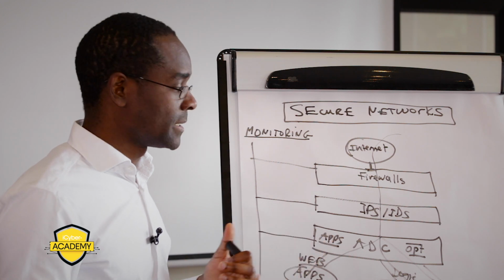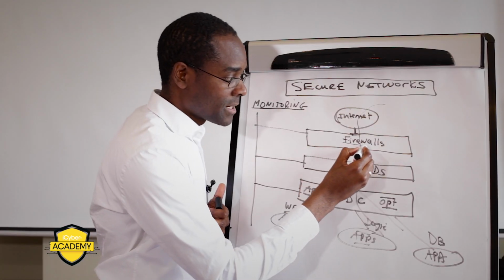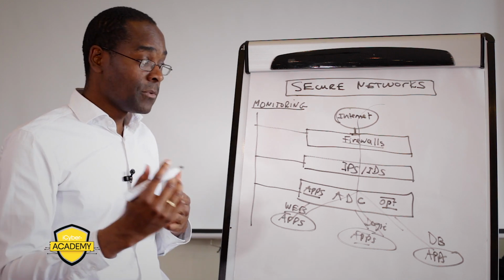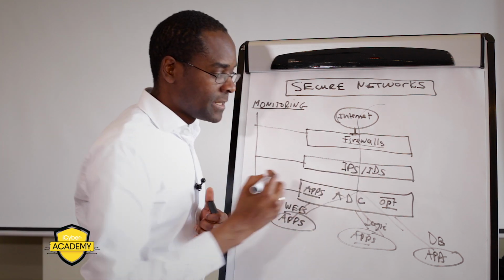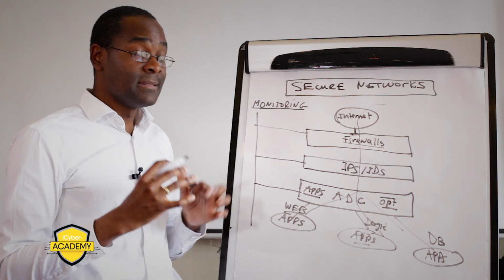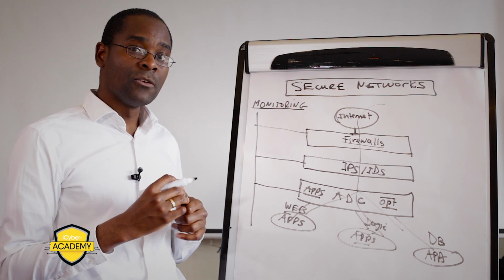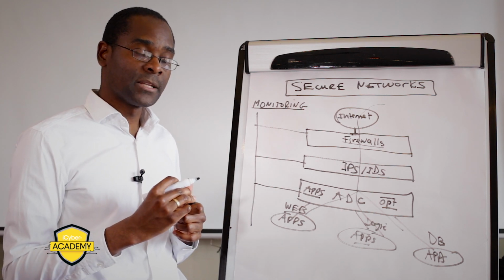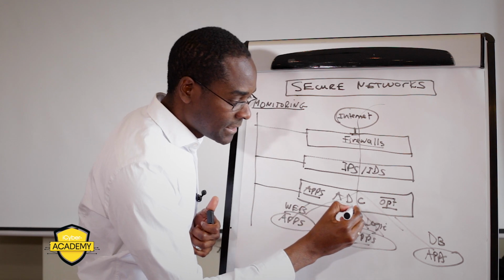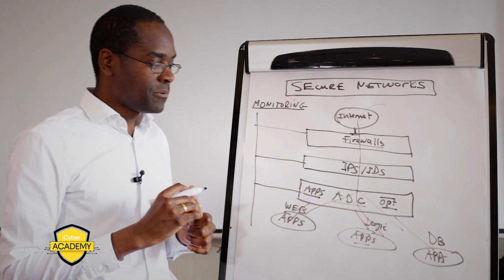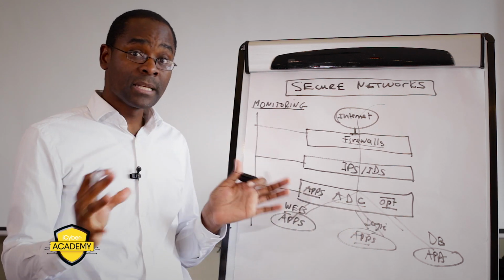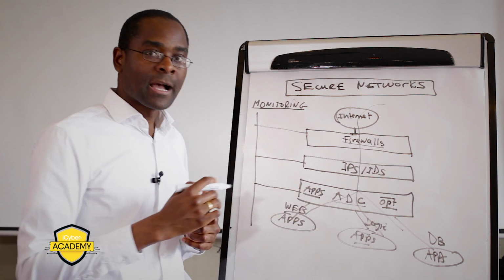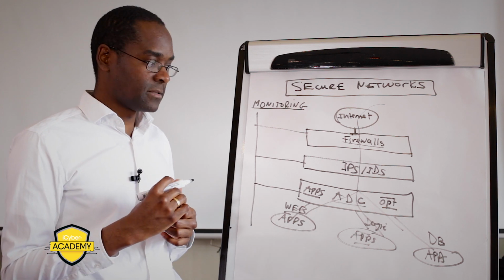So what have we talked about? We talked about firewalls as a first line of defense, very fundamental when it comes to secure networks. We talked about IPS/IDS, the ability to look at network traffic and look for malware in terms of content going through our network. And also the ADC, which is increasingly popular when it comes to load balancing applications, but also providing some sort of security at the very granular application level.